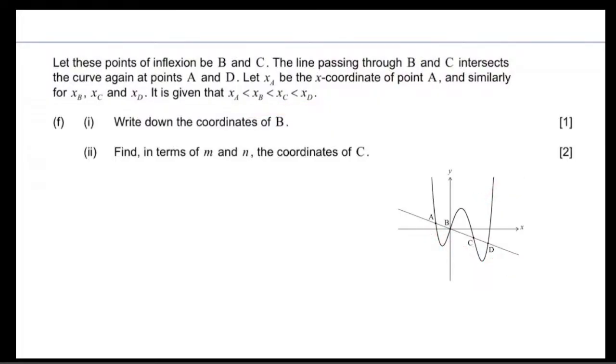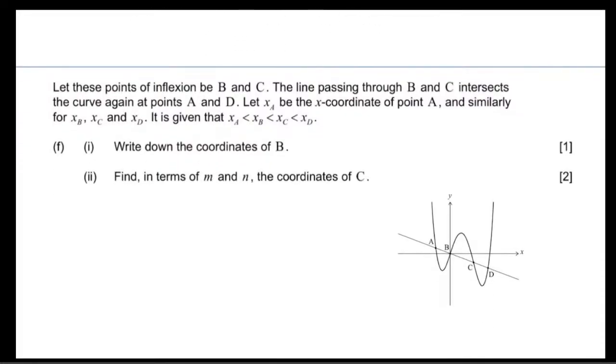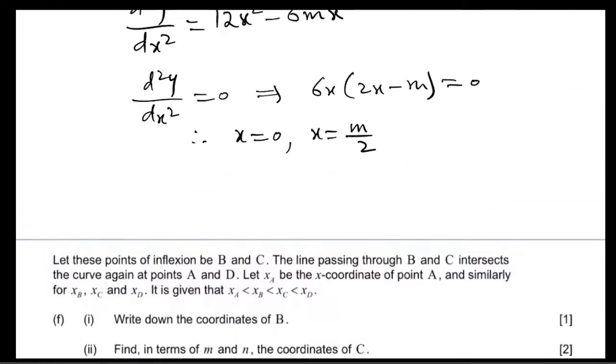Write down the coordinates of B. Now look here, B they said is the point of inflection. Its x coordinate is already there. We have found 0, part 1 of F, right? X is equal to 0. Therefore, y is equal to, in the curve we have to put it.